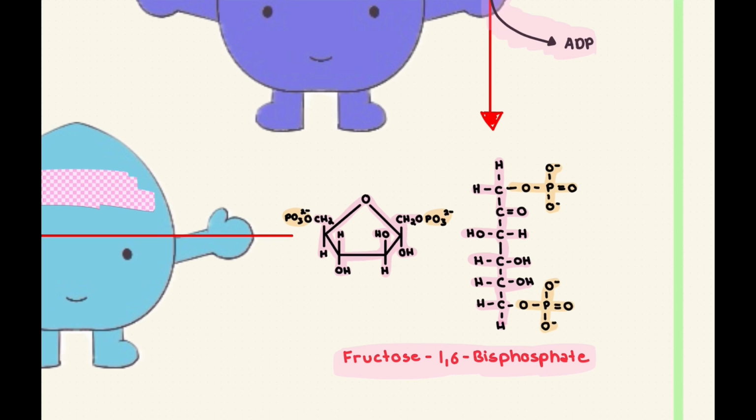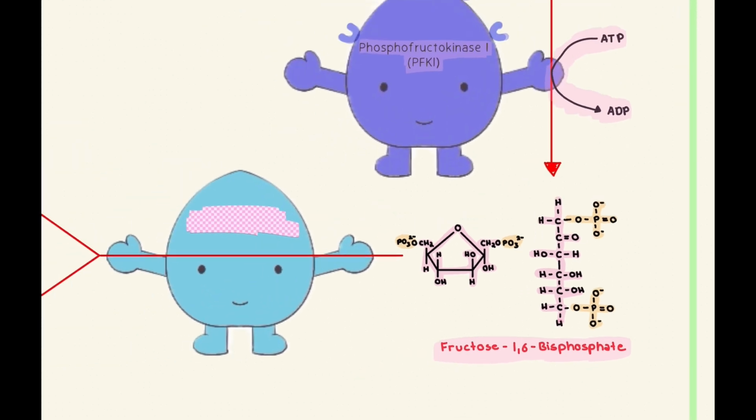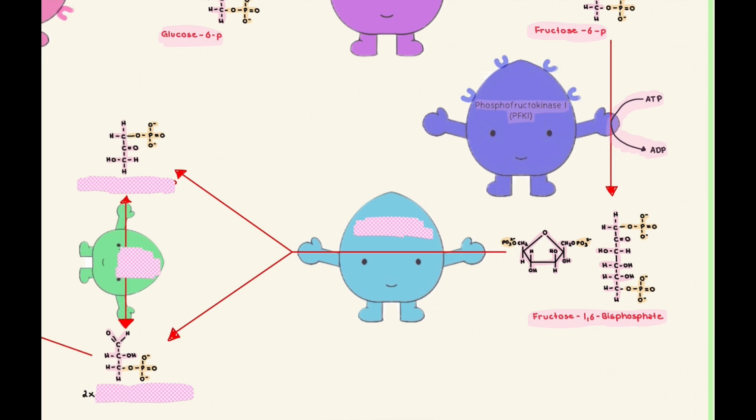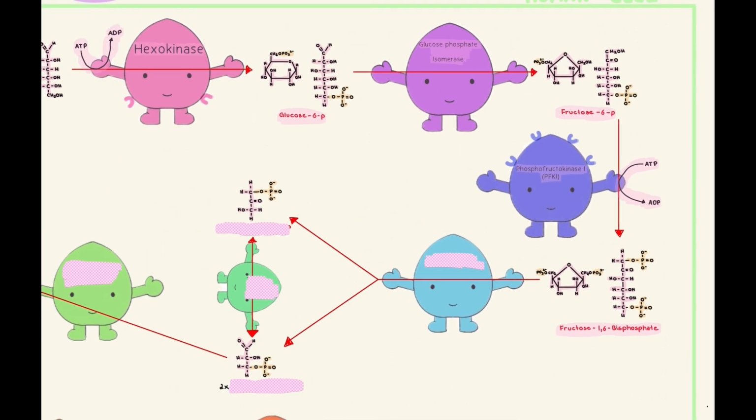The bis in bisphosphate means that the 2 phosphate groups are not directly next to each other. The new phosphate is added on the C1 carbon, as can be seen here in the Fischer projection on the right and on the left in its cyclic structure. This step is the second phosphorylation and can also be considered the second energy investment.